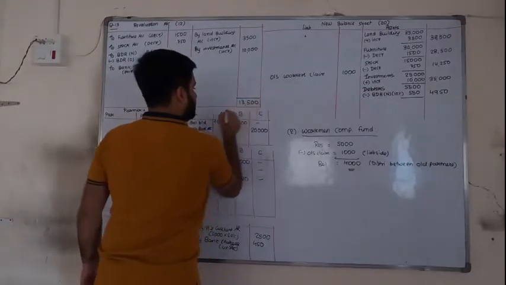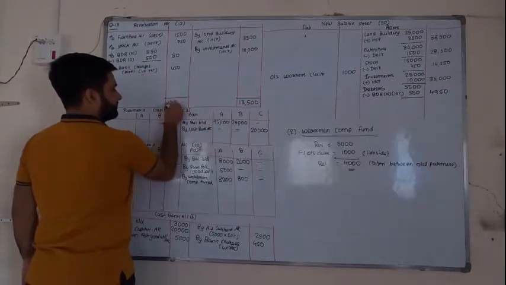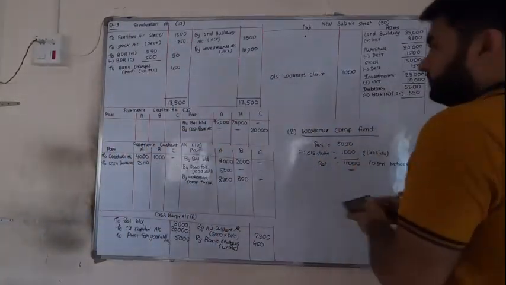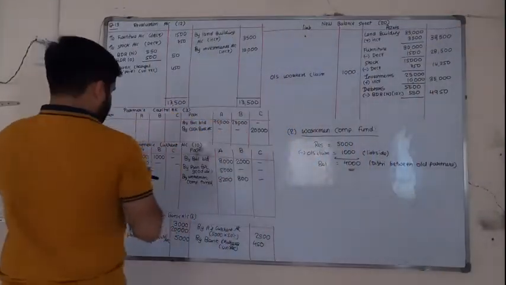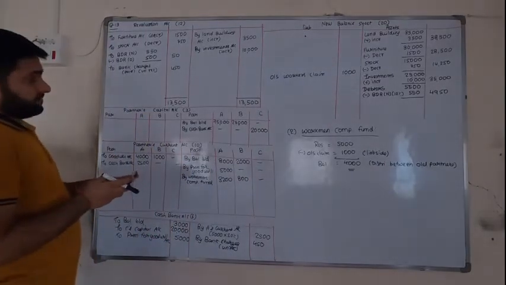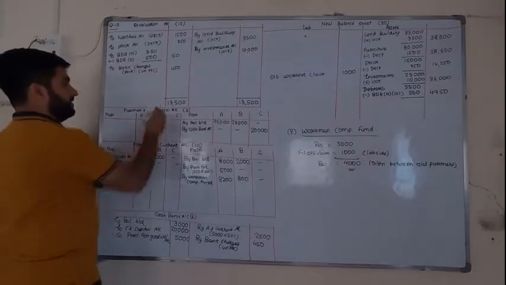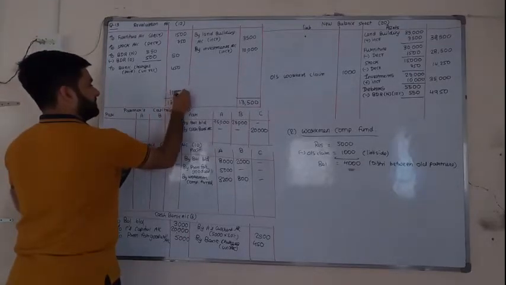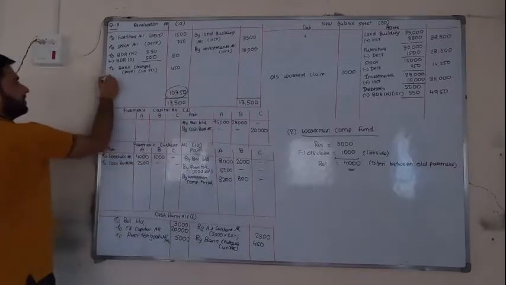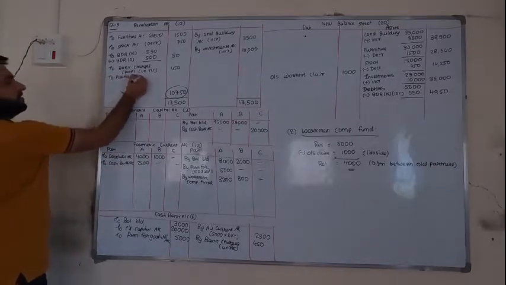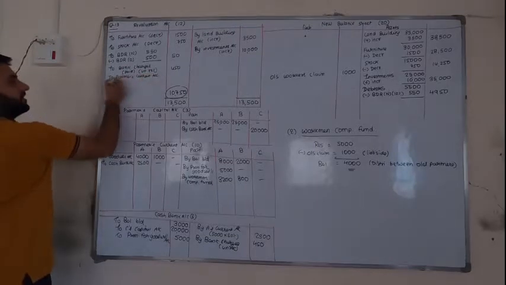So let's close revaluation. 13,500. So 13,500 minus 1,500 minus 750 minus 50 minus 450. So 10,750. Partners current account in bracket profit.